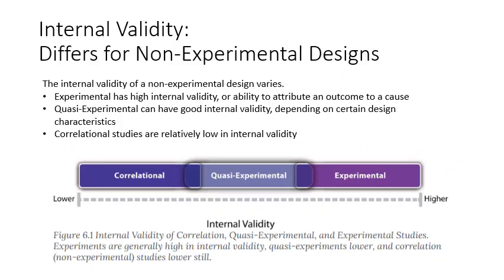So internal validity, or the robustness of the design to determine causality, differs for non-experimental designs. As we know, if we look here on this chart, it's highest for experiments because they're eliminating as many confounds as possible.